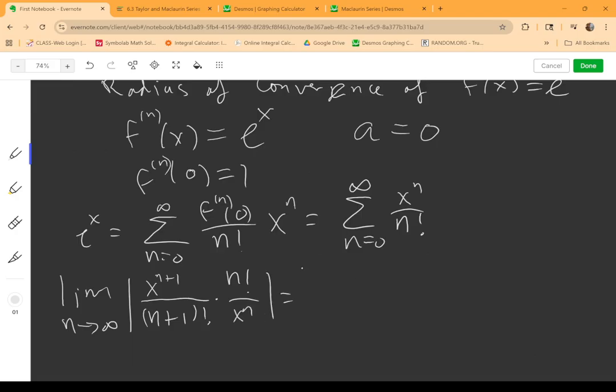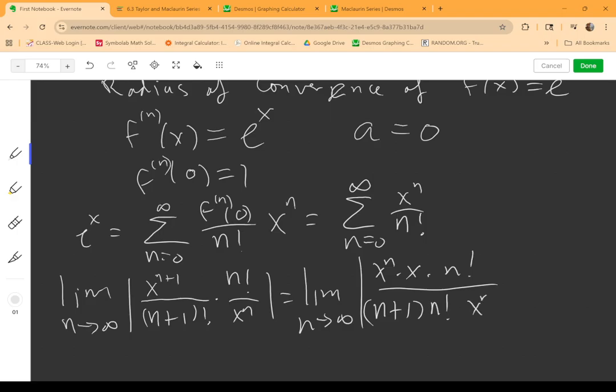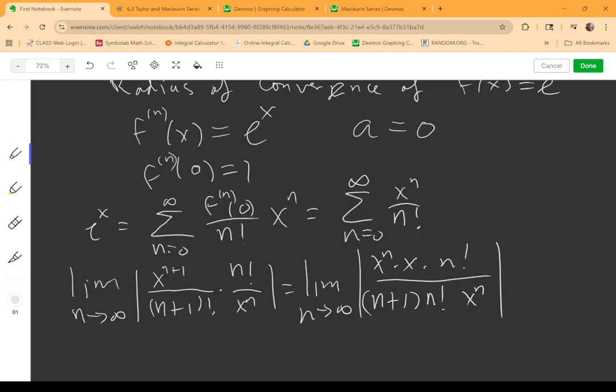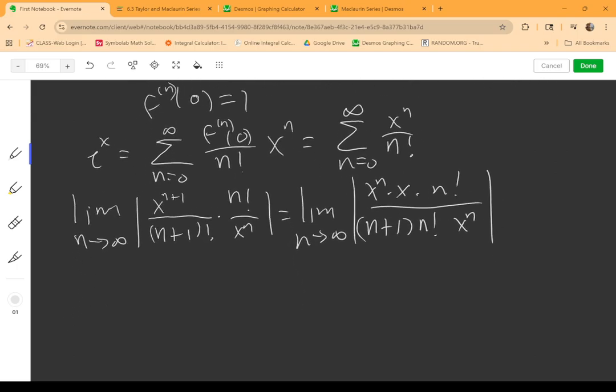Then simplifying, the limit as n goes to infinity of x to the n times x times n factorial, and I'll rewrite the bottom as n plus 1 times n factorial times x to the n. If we simplify, x to the n reduces, n factorial reduces, and we're left with the limit as n goes to infinity of the absolute value of x over n plus 1, which is 0.